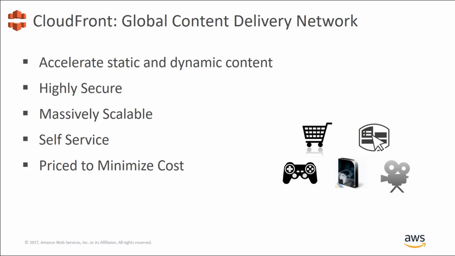But CloudFront over the years, we have built in various capabilities even for serving or accelerating dynamic content. We have made various network optimizations. We are leveraging the AWS backbone network and various other changes and optimizations we have built in, all with the goal of accelerating dynamic content. Security is the number one priority for CloudFront.